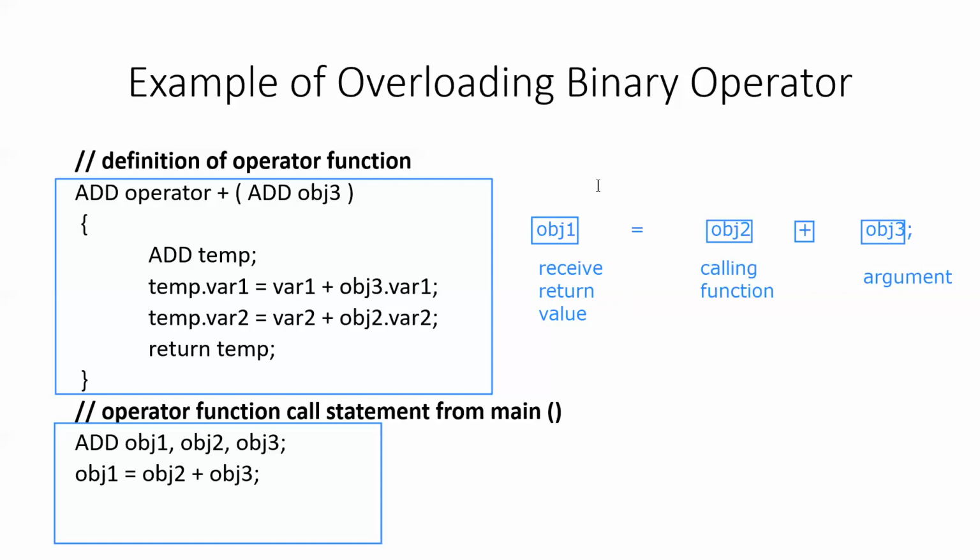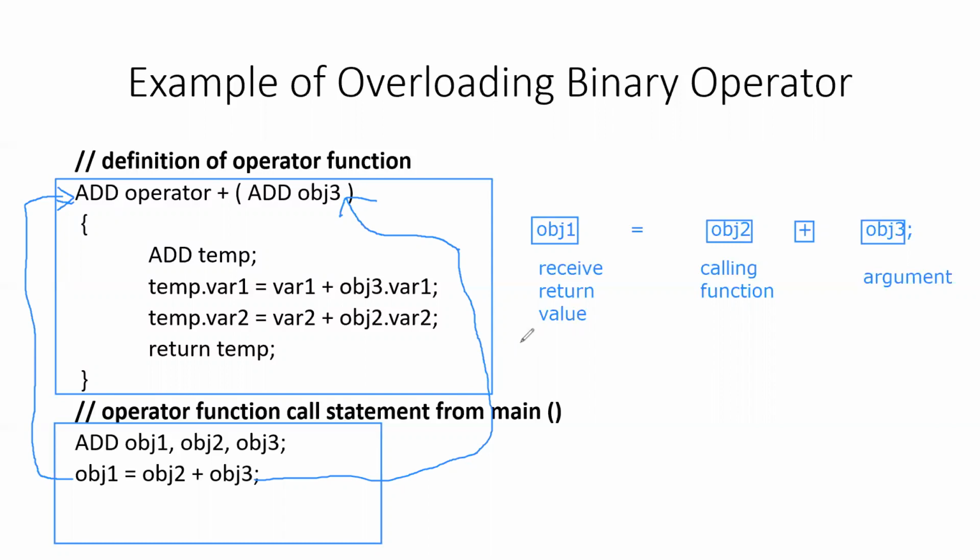So once you call the operator function, the execution will jump from this statement to this statement. Now this is the function header. The argument object 3 that we are passing here, the values of the data members of object 3 will be saved in the object 3 which is the local variable of the operator function. Do not get confused that these two are the same.